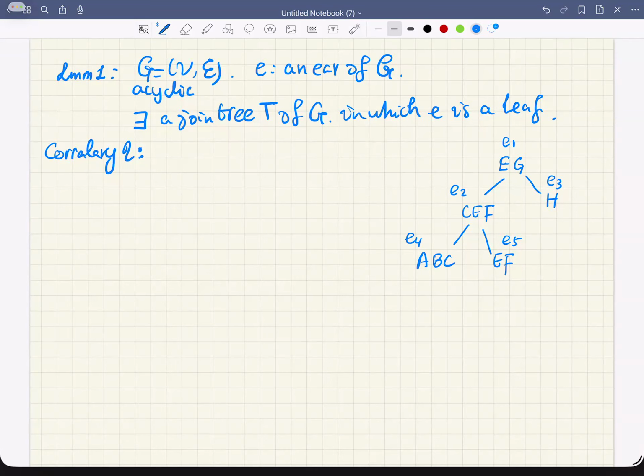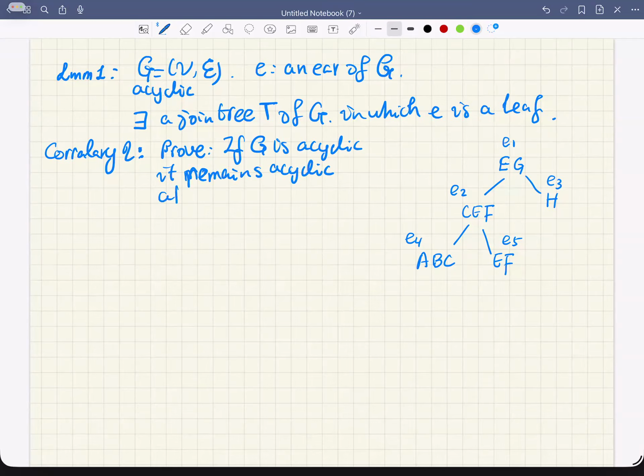Now, proof. If G is acyclic, it remains acyclic after removing an edge.